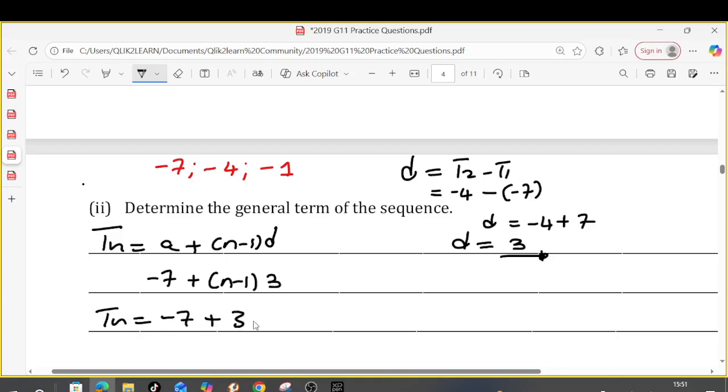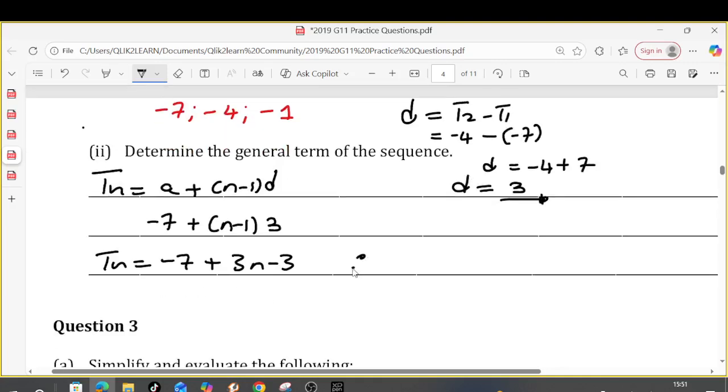This will be plus 3n and minus 3. If we put this in standard form by adding the like terms, this gives us Tn equal to 3n minus 10. That's it. That's the general term.